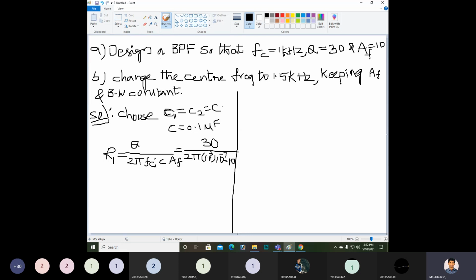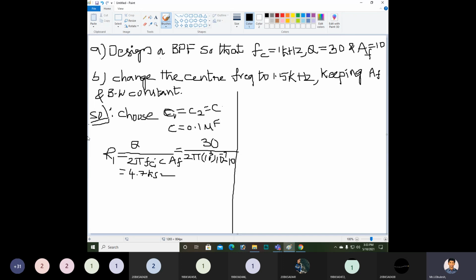So here we have 10 to the power of 3 into 10 to the power of 1, 10 to the power of 4, right? Here we have 10 to the power of -7. So 4 minus 7, 10 to the power of -3. Yes or no? Simplify and tell me what is the answer. The answer is 4.7 kilo ohm.